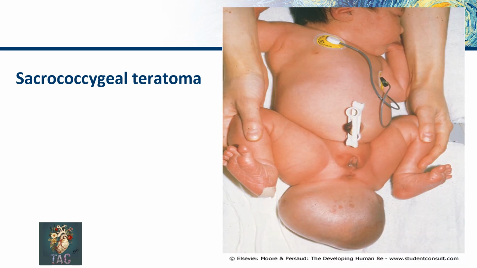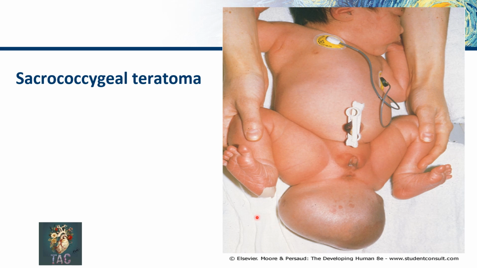An important clinical correlate here is the sacrococcygeal teratoma. You must remember that after the formation of the 3 germ layers, when the process of gastrulation is complete, at the end of the 4th week the primitive streak usually disappears. If it does not disappear and remains, it can lead to an anomaly called sacrococcygeal teratoma. So you can see over here, this is the sacrococcygeal teratoma.